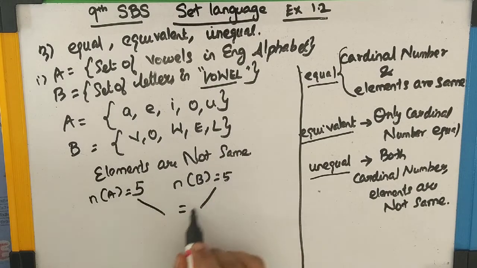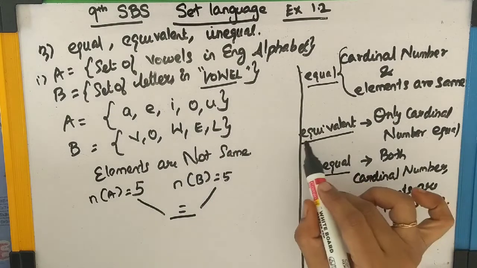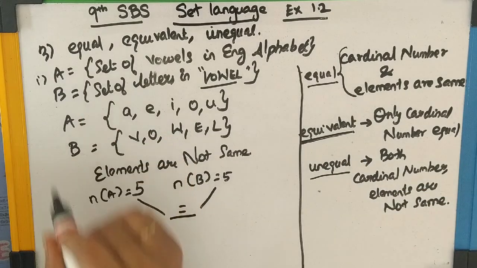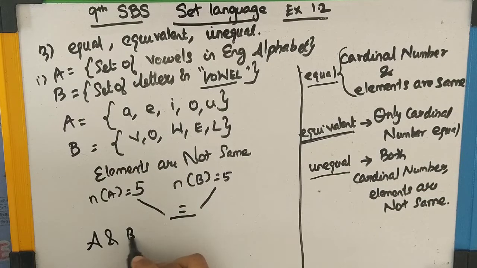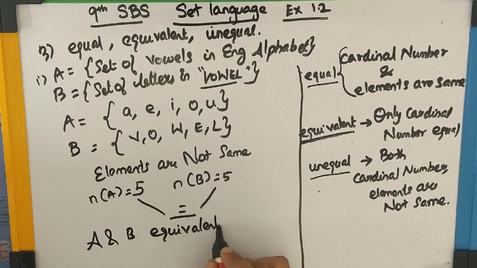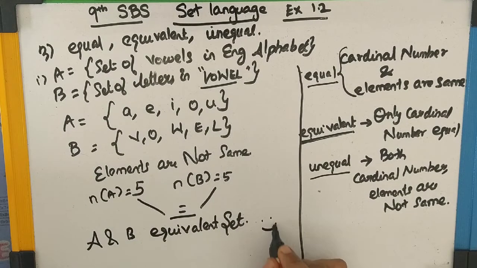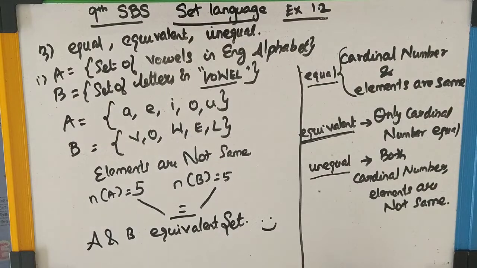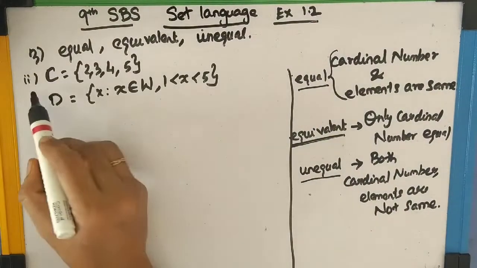So, if the elements are not the same and the cardinal number is equal, then we say that these two sets are equivalent sets. Right? It is an equivalent set. Okay? Are there any doubts? Okay. Now let's move to the next question.